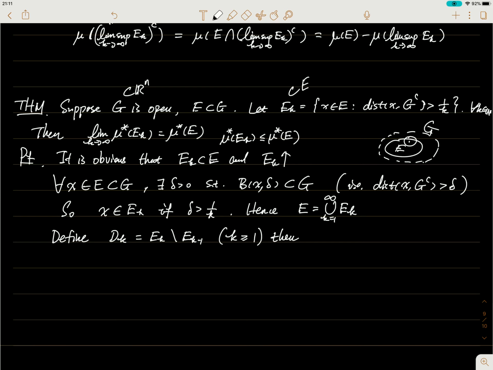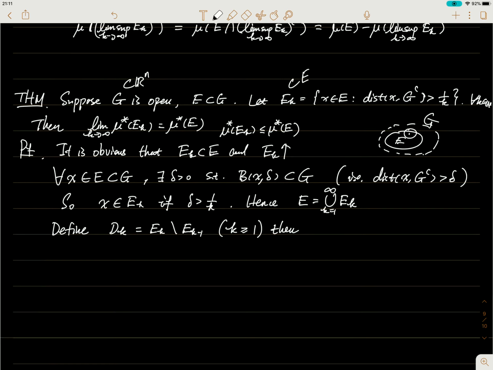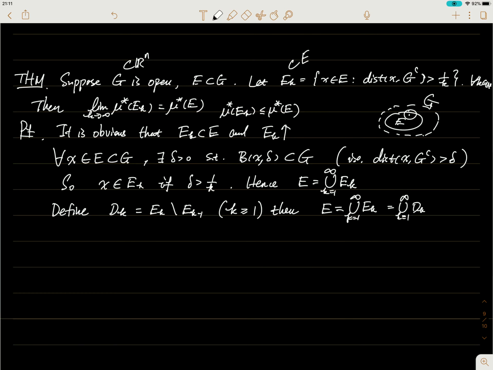And in this case, I will see that E is the union of the E_k's, but it's also the union of the D_k's. Okay, so now let's see what if I just look at the union of the first 2k of the E_k's.